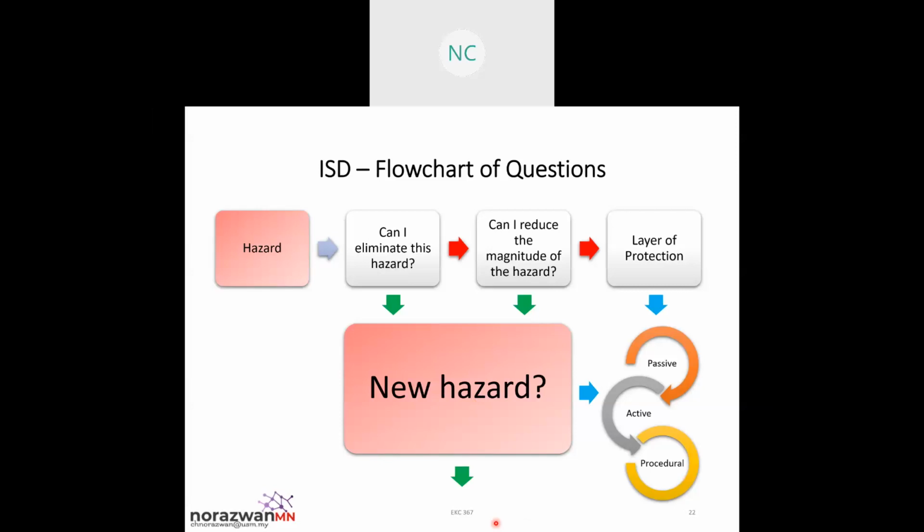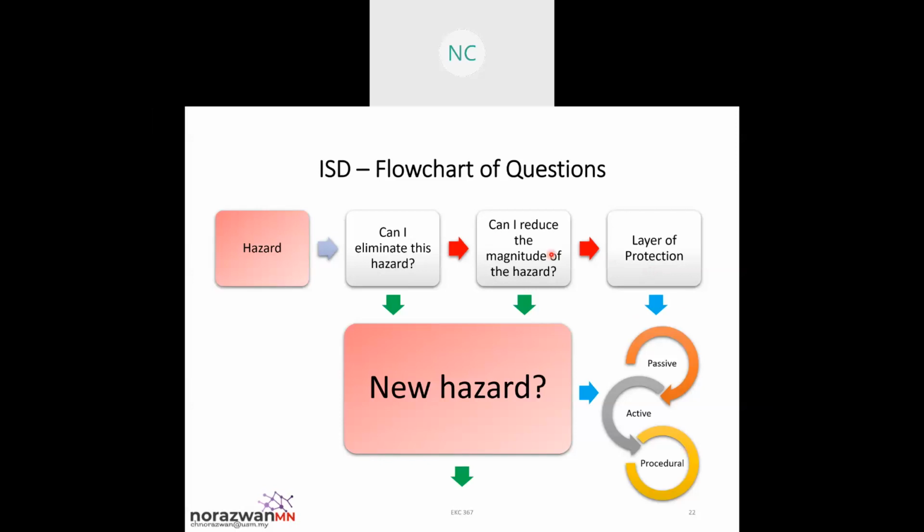Same goes for the question of can I eliminate this hazard? If the answer is no, you ask yourself again, can I reduce the magnitude? If you cannot eliminate the hazard, is it possible for you to reduce the magnitude of the hazard? If the answer is no, then you need to introduce the layers of protection, which means it goes back to your passive, active, and procedural.